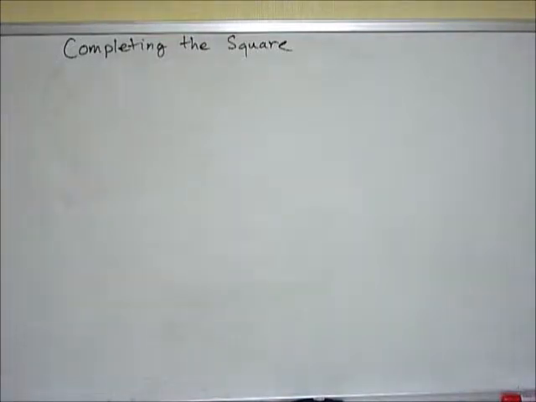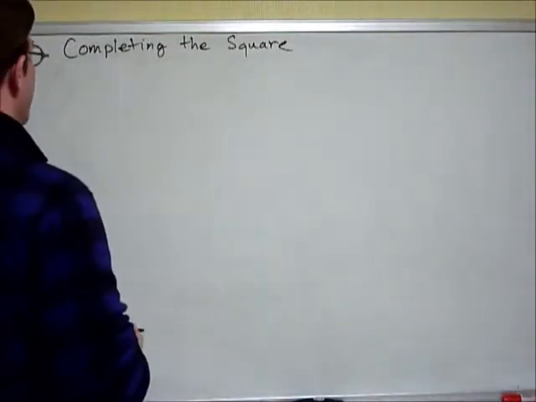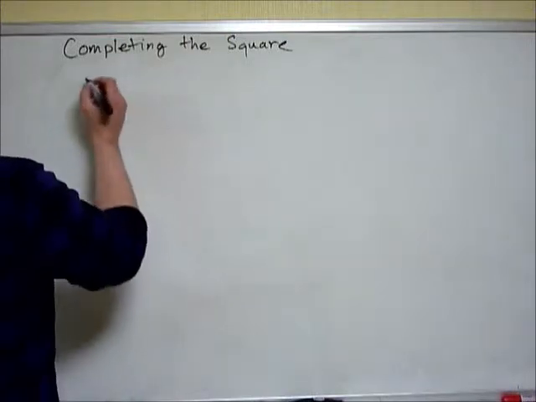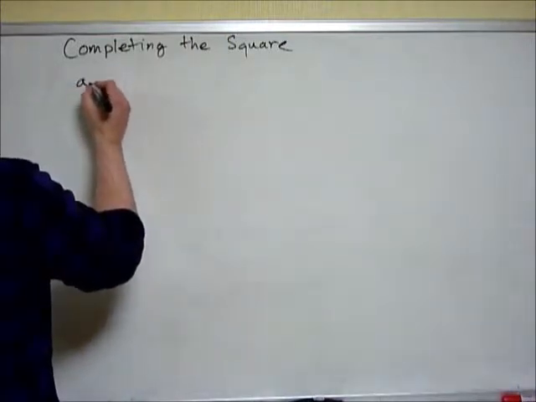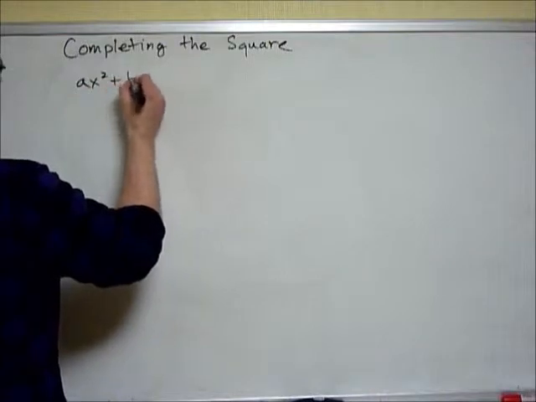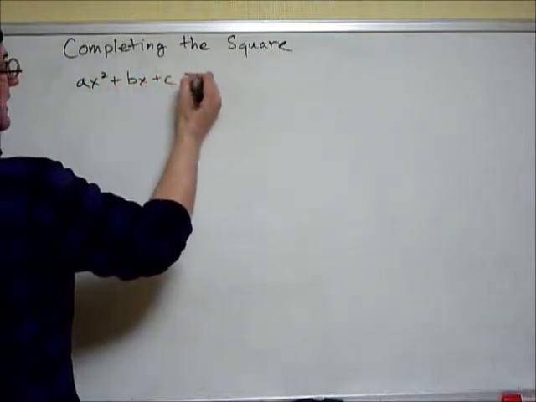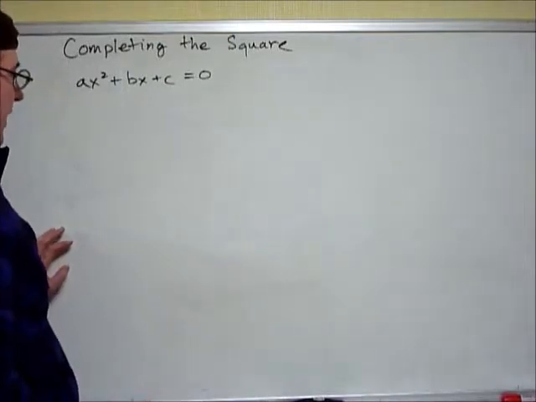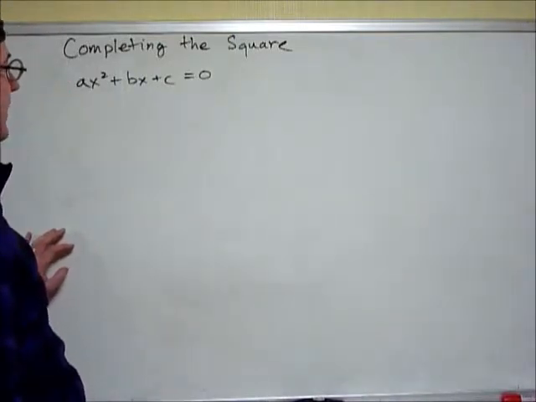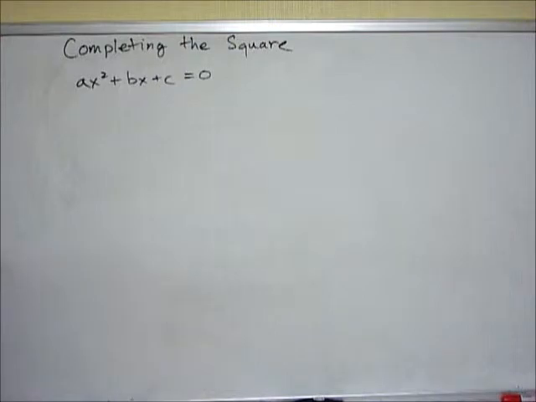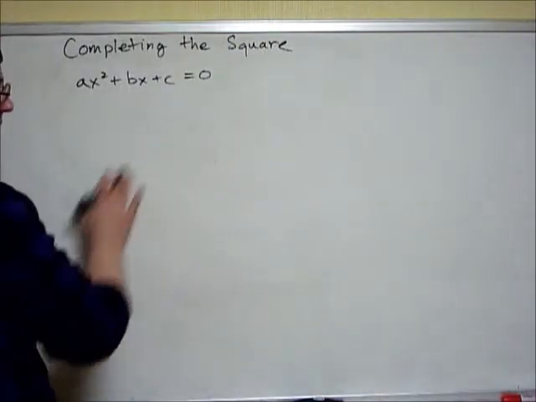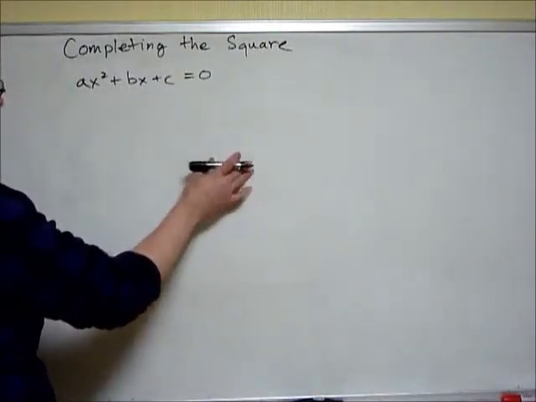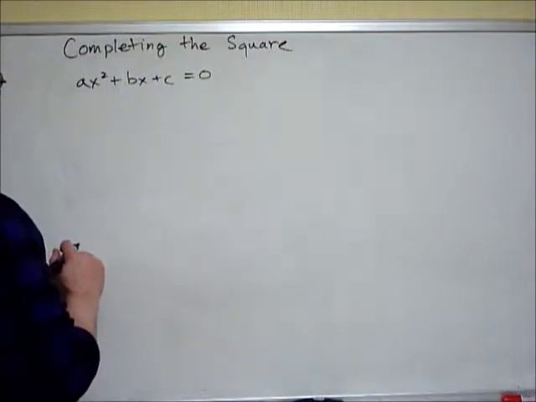What if, for instance, we look at ax squared plus bx plus c, where a, b, and c could be any old integers, or any old numbers. Can I do the same thing for anything that I come across? Well, let's find out.